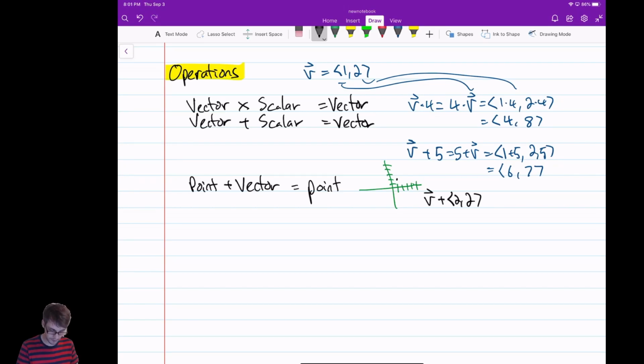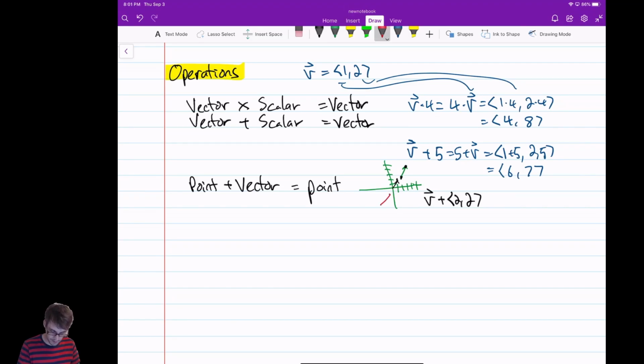That's a vector, rather. That's where I am. Now the point I'm starting at is 2, 2. So 2, 2 is actually over here. And then if I add my vector of x of 1 and y of 2 to it, I get up there, like that. And that's my new point. So I start at the old point, I add the vector to it, and I end at the new point.